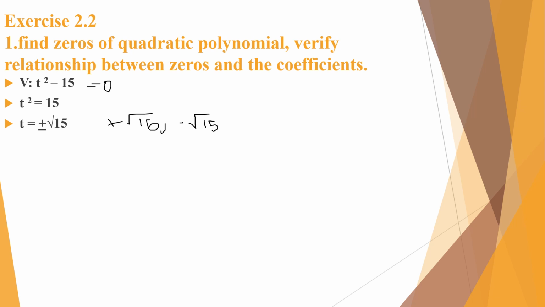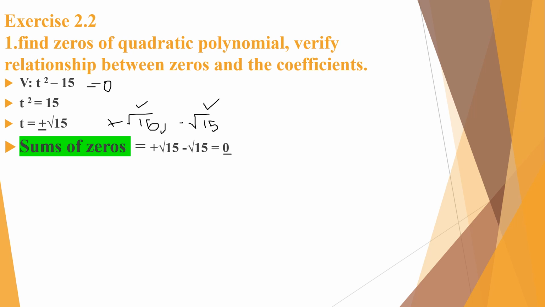Now we are going to find the sum of the zeros and the product of the zeros. After substituting in the formulas, we are going to verify whether the coefficients in the given equation are the same as the sum and product of the zeros that we got. Sum of the zeros: plus root 15 and minus root 15 cancel out, so the answer is 0.